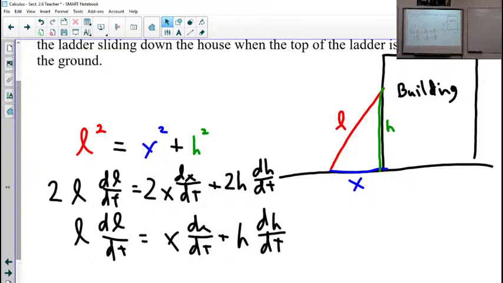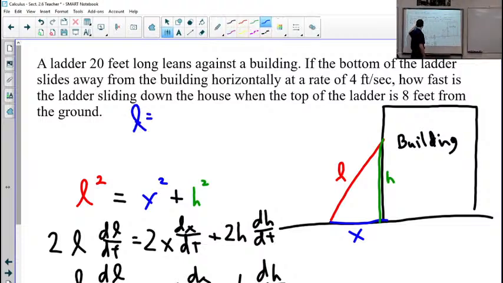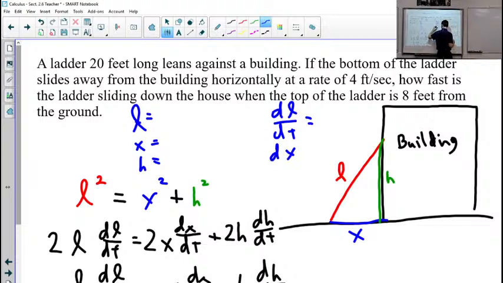Which rate are we trying to find between dl dt, dx dt, and dh dt? Give you 1 minute.